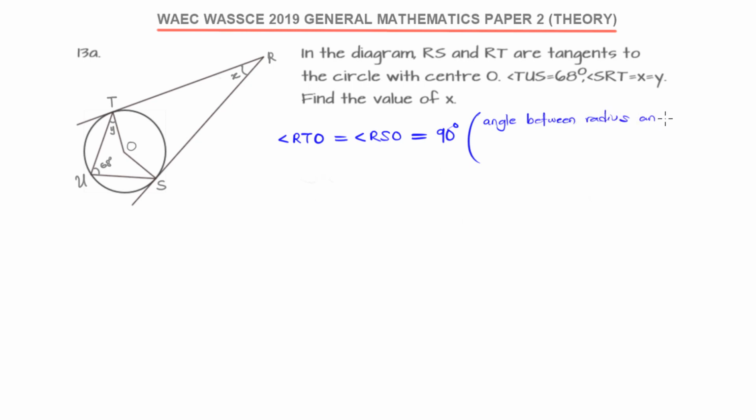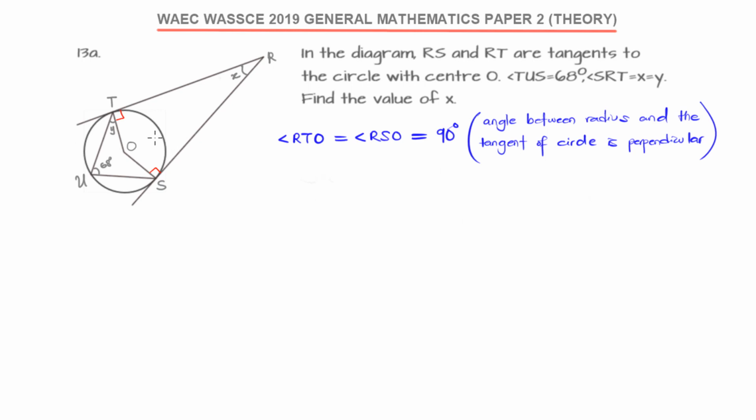Because these are the angles between the radius of the circle and the tangent of the circle. That's one of the circle theorems that will help us to solve this question. And so we have gotten 2 angles in this diagram that were not given, and they are right angles. So at T and S, we have 2 right angles. That is the first thing that we need to note.